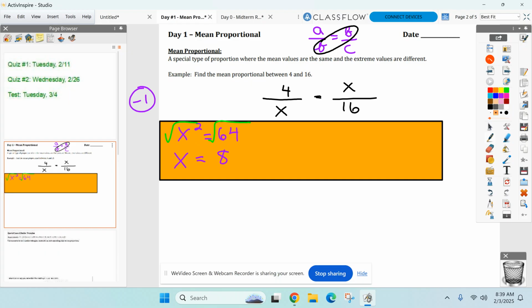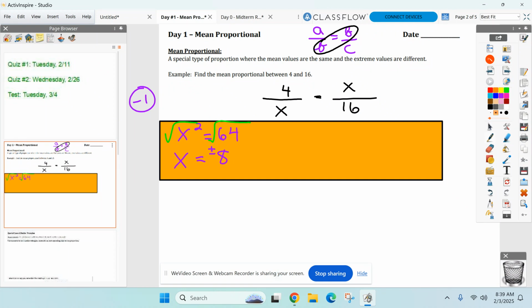Any takers why? It's part of the answer, but not full credit. When you take the square root of a number, you're left with the positive version and the negative version. So we got to write both down. So this is going to be plus or minus 8.